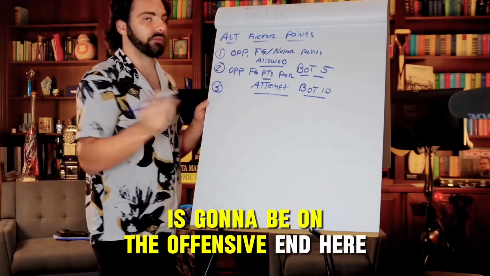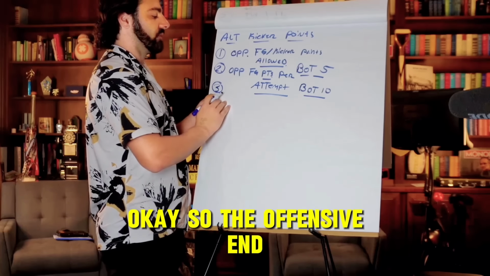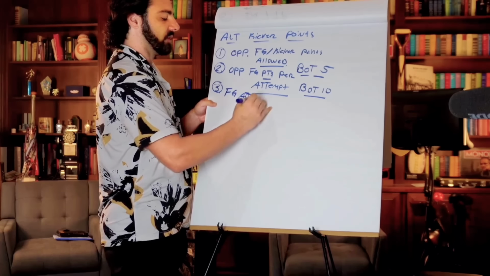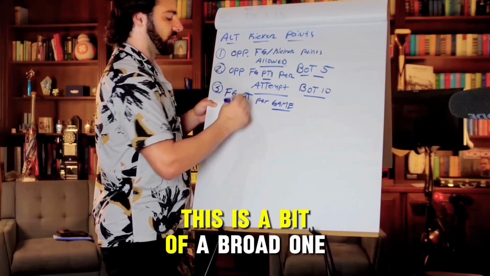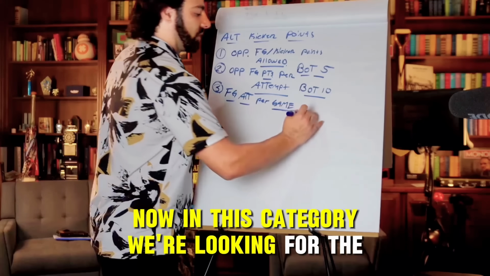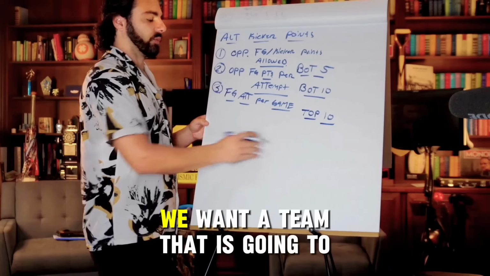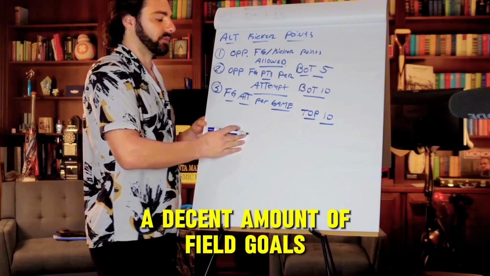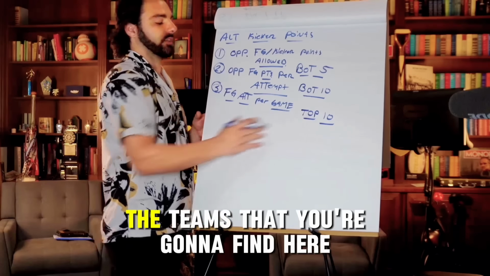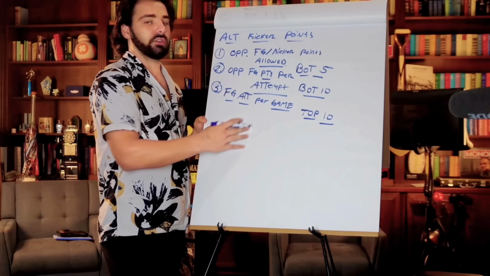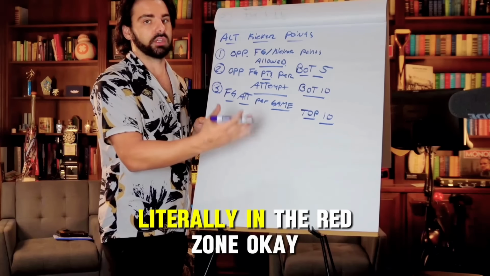Now let's get to number 3. Number 3 is on the offensive end, and what we're looking for is field goals attempted per game. This is a bit of a broad one for the offense / special teams. In this category, we're looking for the top 10, a team that is going to be attempting a decent amount of field goals. Usually the teams you find in the top 10 tend to not finish drives off in the red zone.